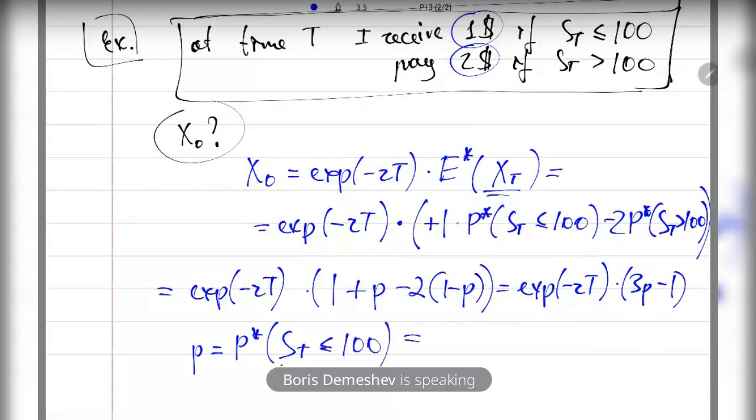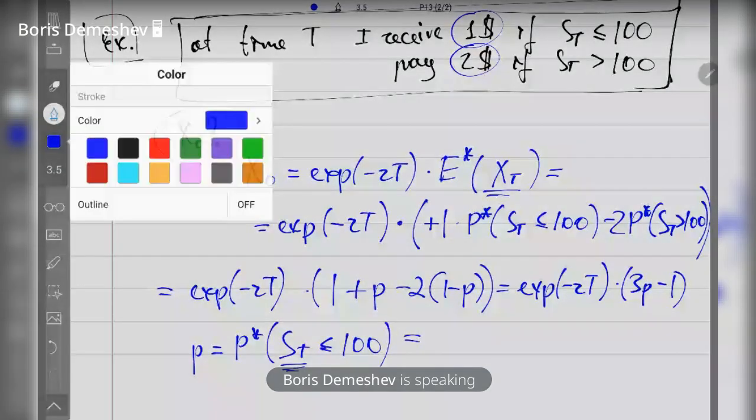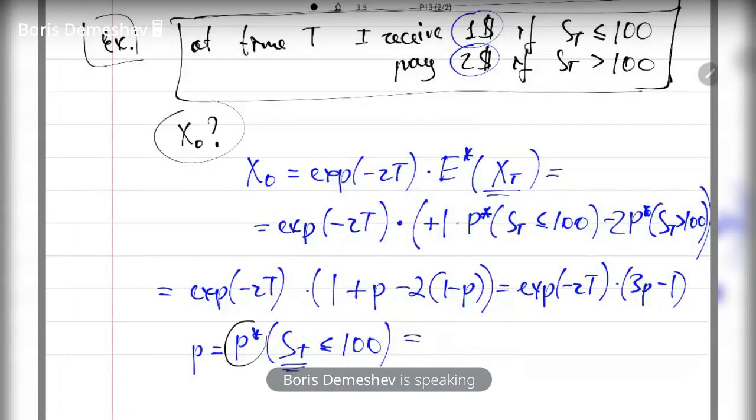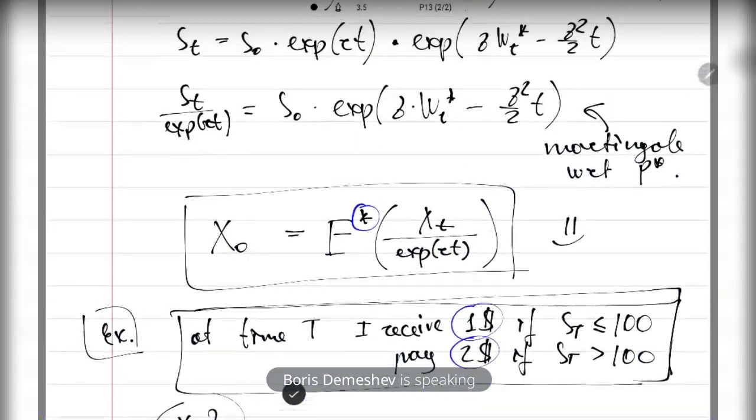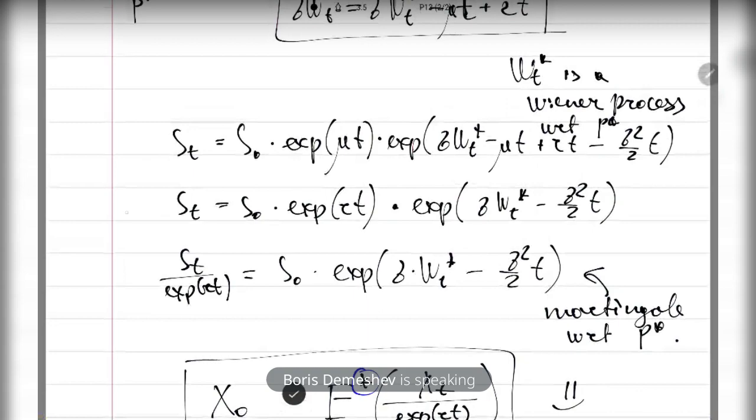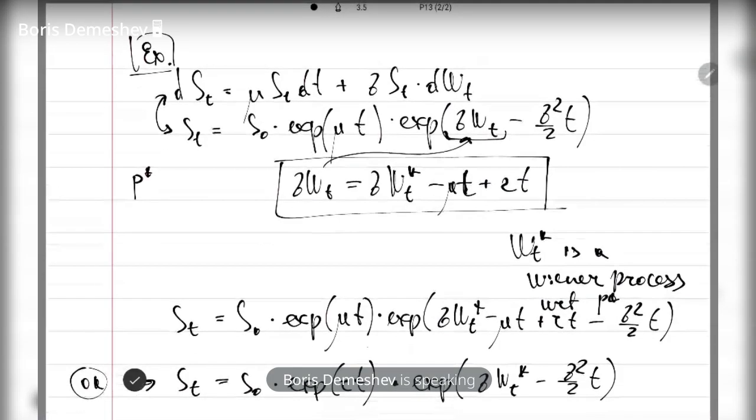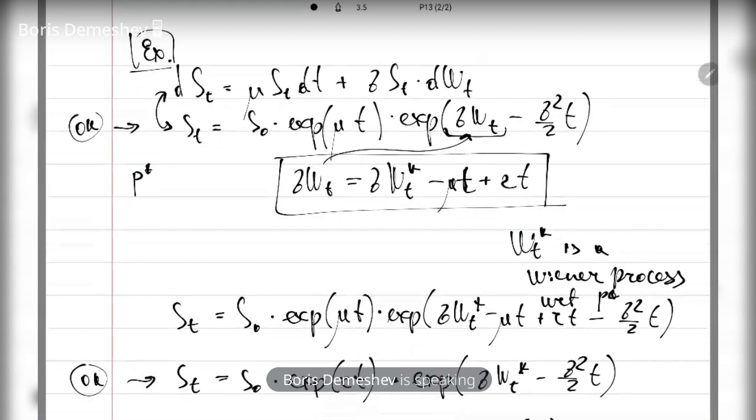Okay, I have a formula for ST. And because I'm using the P star probability measure, both formulas are valid. This formula is valid, that formula is also valid, but I need to use probability measure P star.